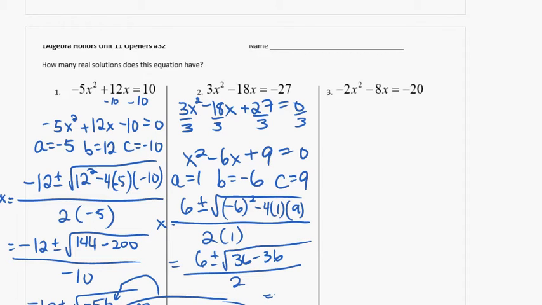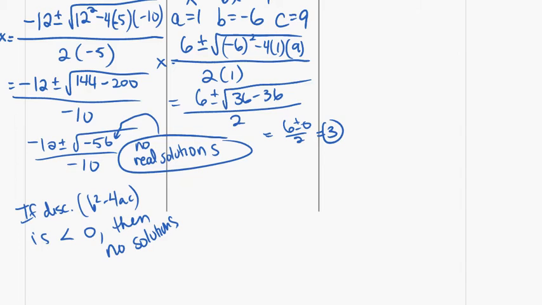Well, I know 36 minus 36 is 0, and the square root of 0 is 0, so I end up with 6 plus and minus 0 over 2. Plus and minus 0 is the same regardless of whether I'm adding 0 or subtracting 0, so this will give me 3 as an answer, which is one solution. So notice the discriminant was 0. So if the discriminant is equal to 0, then one real solution.